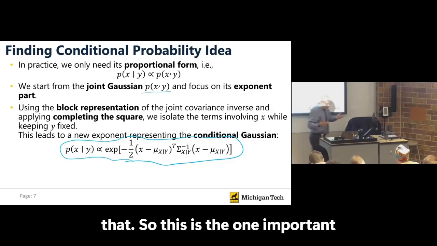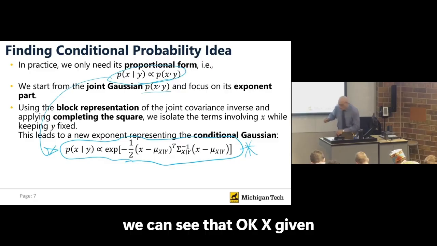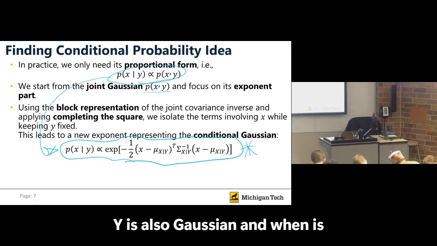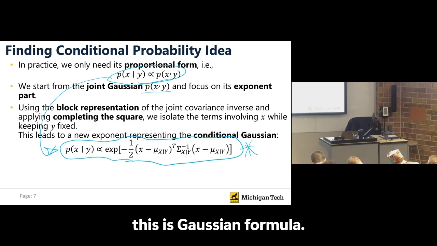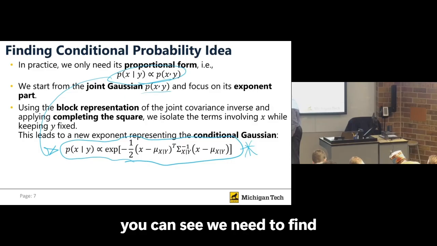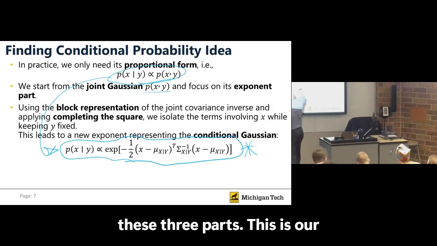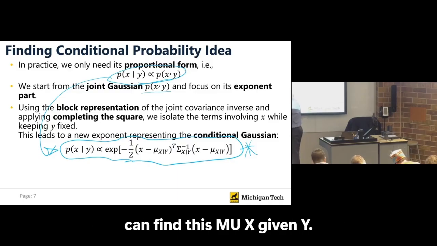So this is one important part that we can get. From this, we can see that x given y is also Gaussian, and when it's Gaussian, it follows the Gaussian formula. This is a very important part because, as you can see, we need to find these three parts. This is our estimation. We want to see how we can find this, mu x given y.